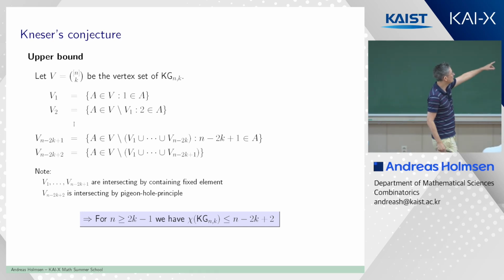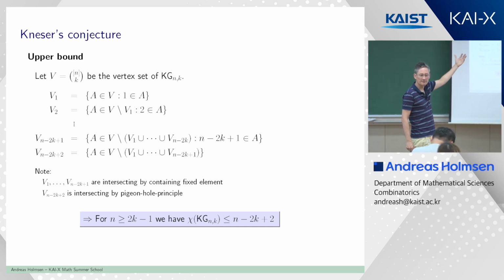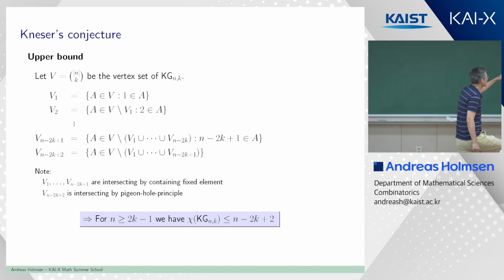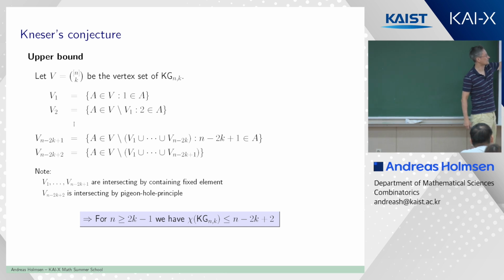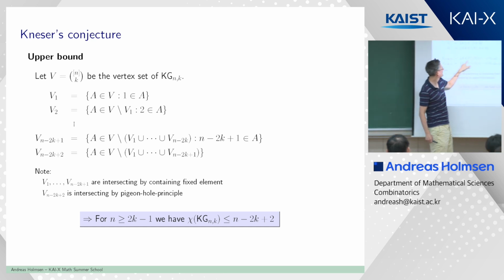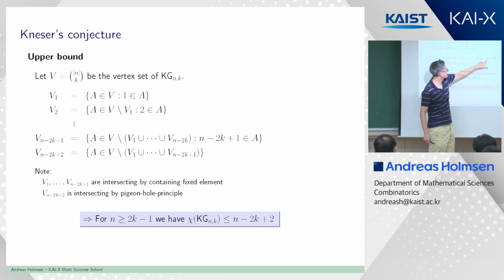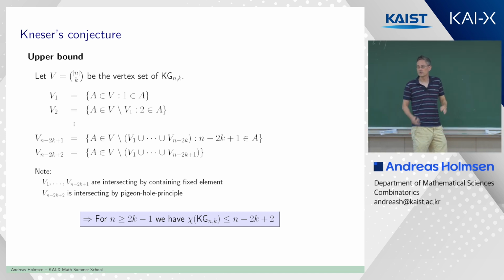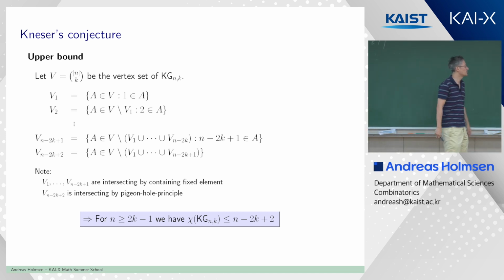Now you remove all the sets that got colored 1 in the first round and look at the remaining sets. None of them contain 1. Those that contain 2, you color with color 2. You remove what you colored before, look at what's left over, and color those containing element i with color i. You do this all the way up to n minus 2k plus 1.